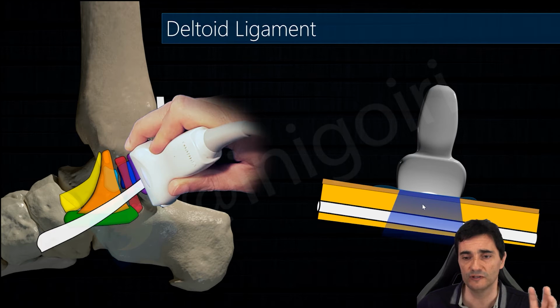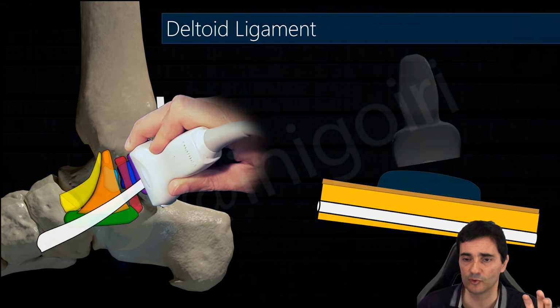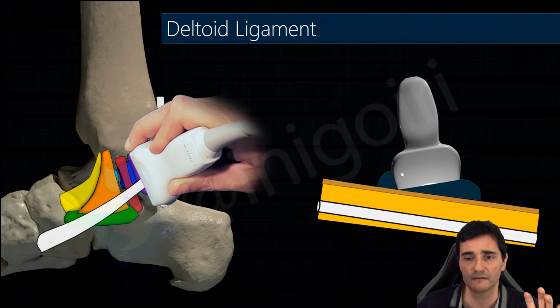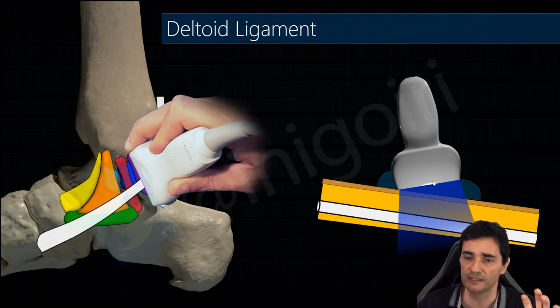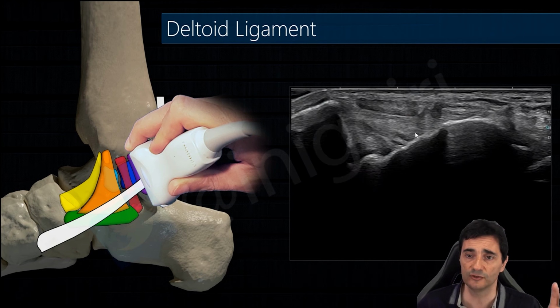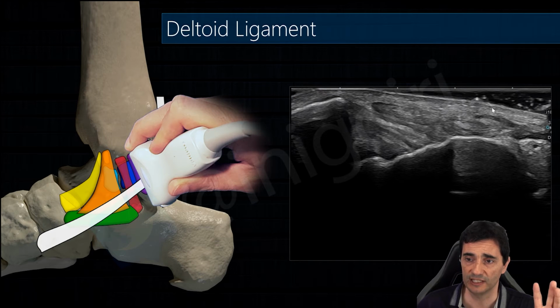To have a better view to differentiate between these anisotropic structures and the surrounding areas, we can use this technique: you tilt the probe with a generous amount of gel here, and then we obtain an ultrasound beam oblique to this structure, and the structures with less anisotropy will still be hyperechoic, but the structures with good anisotropy will become dark. Okay, and let's see what happens when we tilt the probe with a good amount of gel.